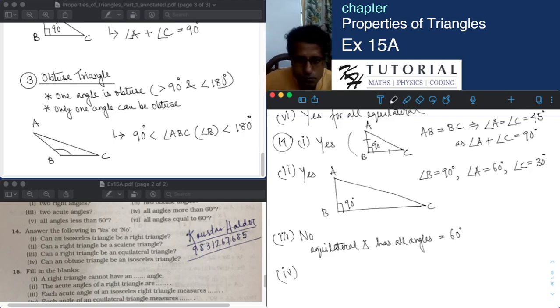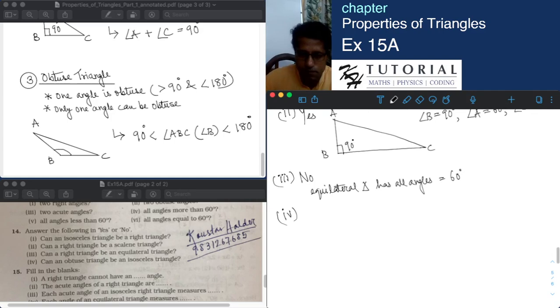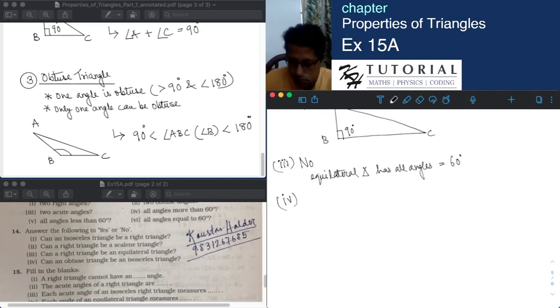4. Can an obtuse triangle be an isosceles triangle? An obtuse triangle is a triangle where one angle is obtuse, meaning it is greater than 90 degree and less than 180 degree.